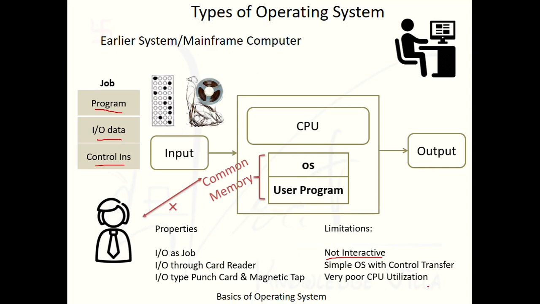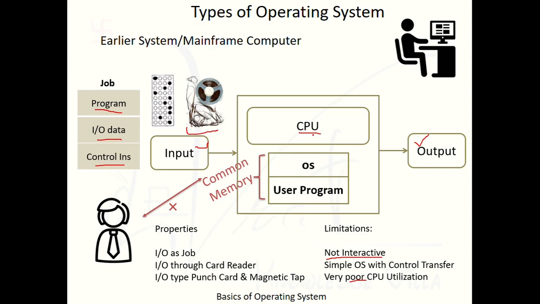Then after, very poor CPU utilization. Why is there poor utilization? Most of the time was wasted producing the input and generating the output. At that time, the CPU remained idle. Whenever the card reader is reading the data, it means the system is getting the input, so at that time the CPU remained idle.